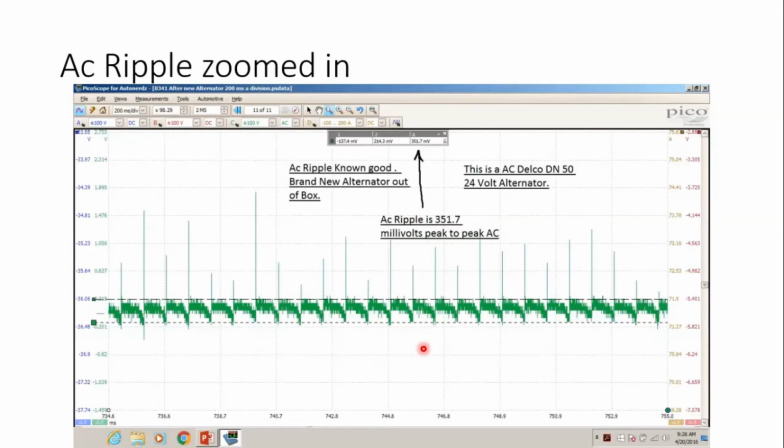So all you HD guys and gals out there that work on this stuff, you probably know about the AC Delco DN50 24 volt alternator. It's out there all over the place in the HD world, and I just gave you a known good spec, so thanks. You can say thank you. So that's a known good.